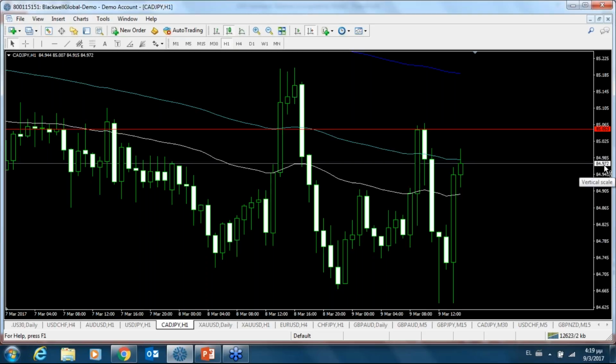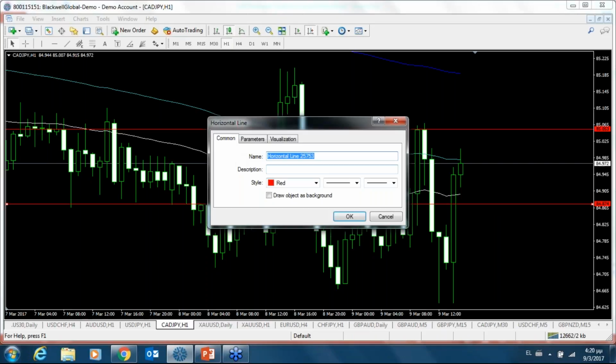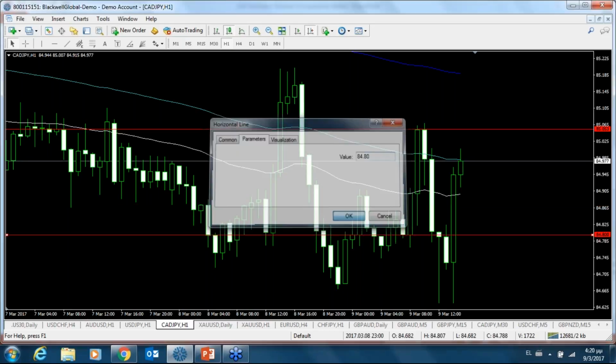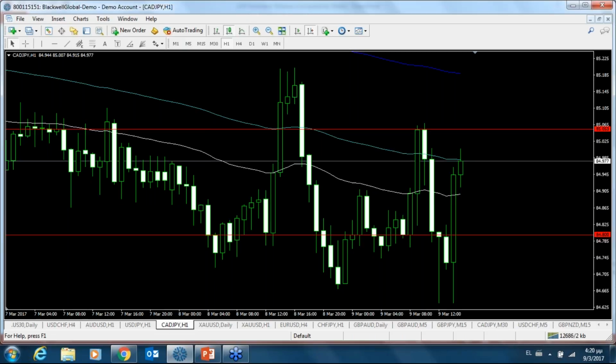If you want prices to show you a downtrend, it needs to come under this area of the 50 moving average and below, or go under 84.80. Now where is 84.80? Let's mark it first. 84.80 is your psychological level. There you go. It needs to go under that to give you that.